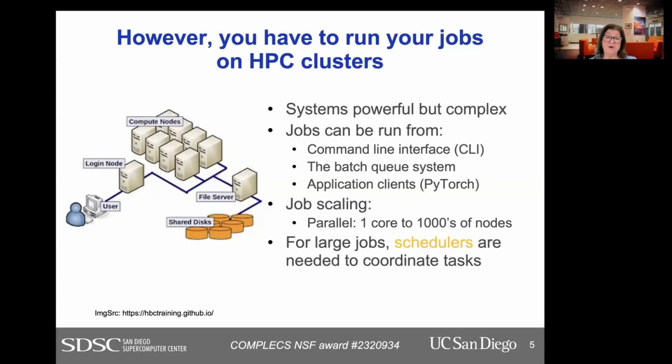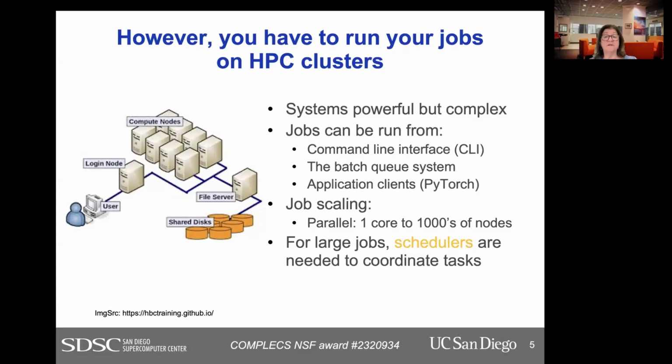But you have to run your jobs on HPC clusters. These are very powerful, as I said, but they are complicated. You can run jobs from the command line. When you open up your laptop and you have a terminal and you're typing into that terminal app, that's what we call the command line interface. On the system, you can run jobs using the batch queue system where you put a request together, drop it into the queue, forget it, go get some coffee, come back, your job is done.